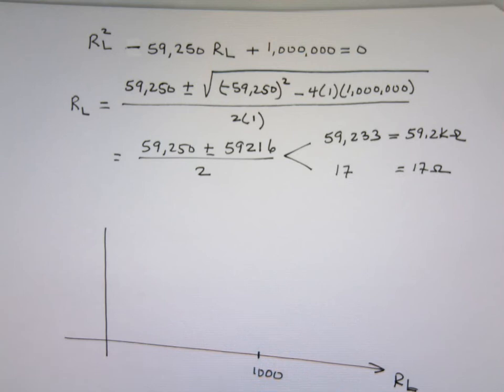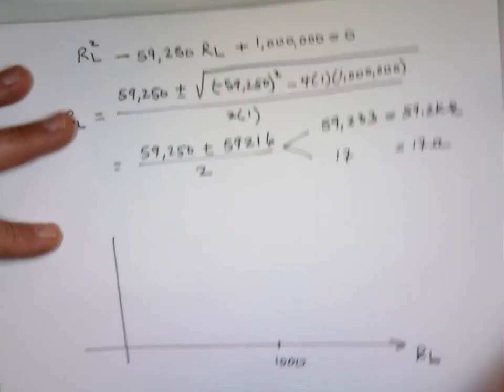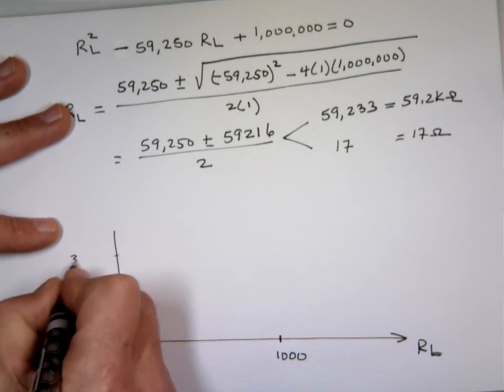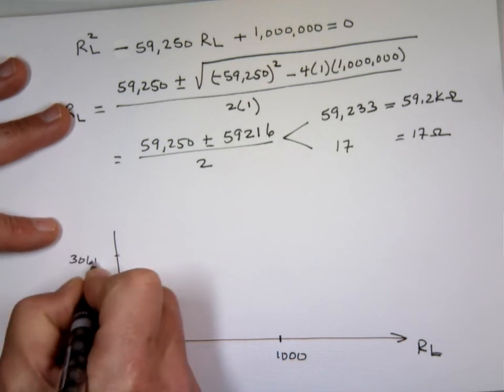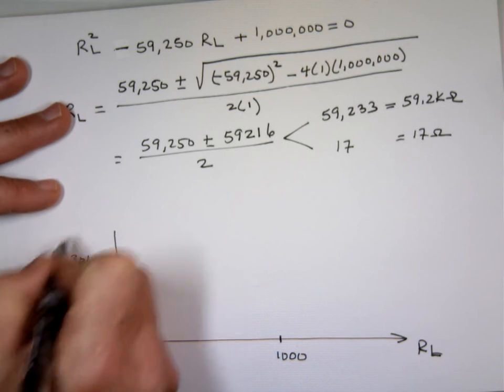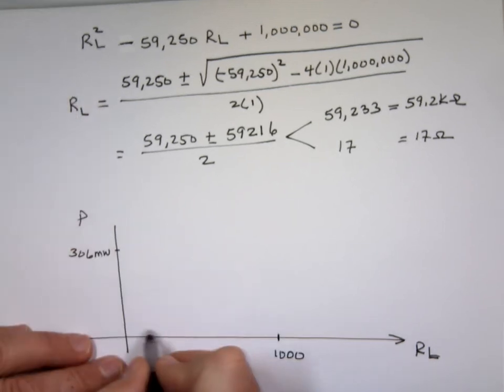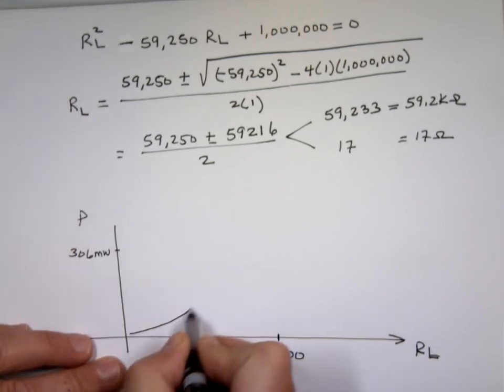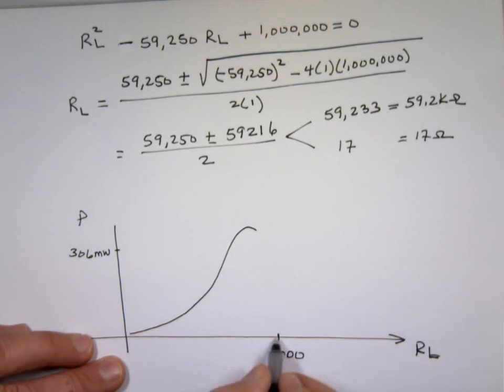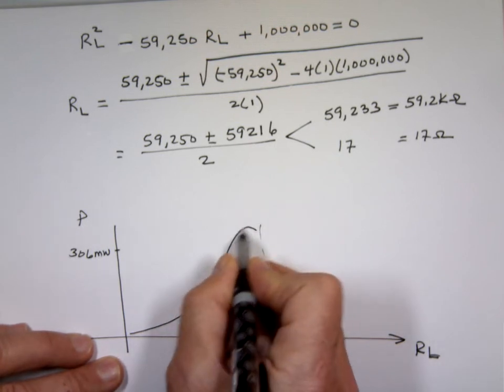So if this is the 306 somewhere here, you're going to find the power looking like this. This is the maximum value, so I go higher, then it starts to decrease.